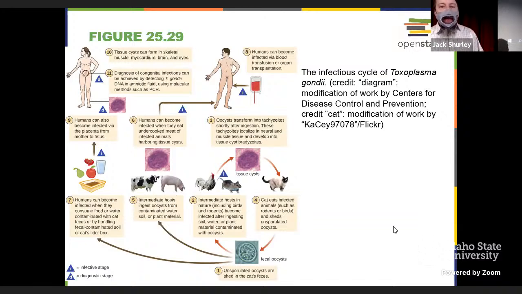It's more likely having a cat and a litter box that sets the stage for you becoming infected, much more so than eating a steak that's possibly got some of these within it. All right, pretty unlikely, at least in the United States, I would guess.